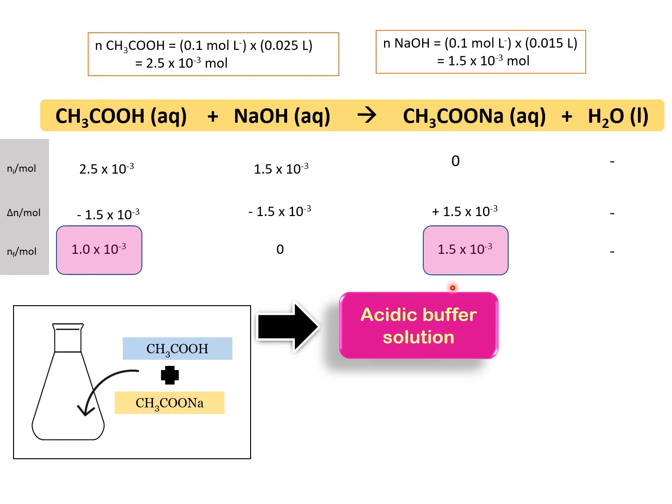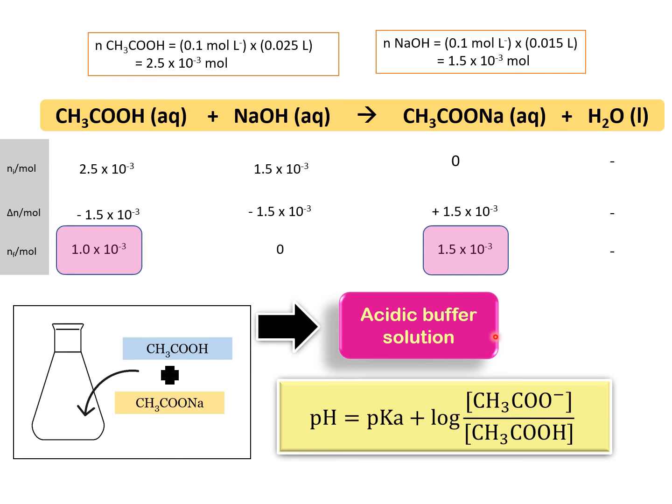So, ingat balik, macam mana awak kira pH of a buffer system? Can we use a normal pH equals to negative log H3O plus ataupun pH equals to 14 tolak pOH? No, tak boleh. Sebab apa? Ini adalah buffer. Buffer ada cara untuk kira dia punya pH itself by using the Henderson-Hasselbalch equation. So, ingat balik, this is your Henderson-Hasselbalch equation untuk acidic buffer.